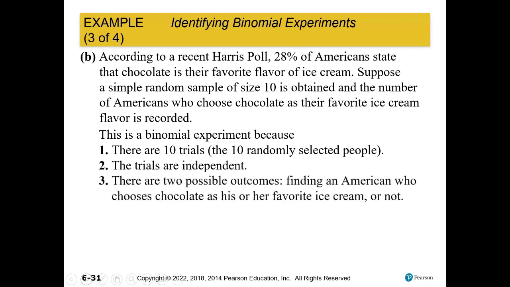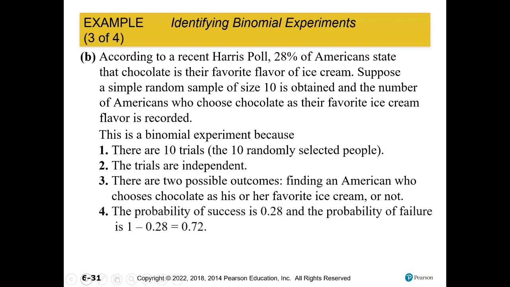You are looking for 2 possibilities: either they like chocolate or they do not. Probability of getting a success is 28% or 0.28. So the probability of getting a failure is 1 minus that, or 0.72, 72%.